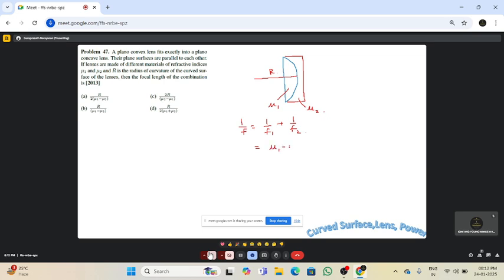So it is mu1 minus 1 by r. For a biconvex lens you would have studied 2 by r, so here it is 1 by r. The extra step is 1 by r1 minus 1 by r2. But this side is plane, so the radius is infinity.